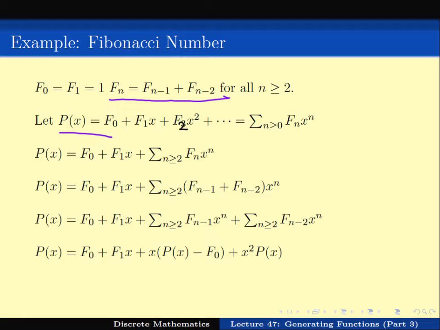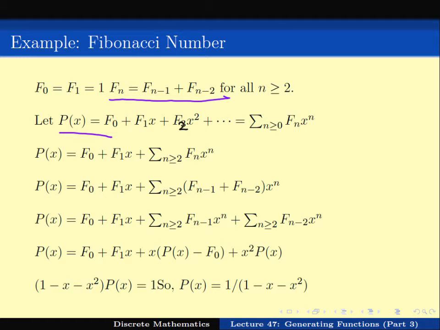Now we can take the P(x)'s to one side and we get P(x) minus x P(x) minus x squared P(x) equals f0 plus f1 x minus f0 x. Now since f0 equals 1 and f1 equals 1, this is 1 plus x minus x, which is 1. And hence I get P(x) equals 1 by 1 minus x minus x squared.